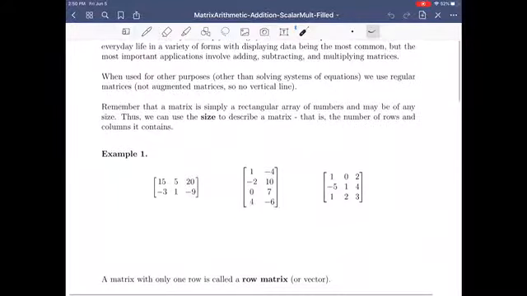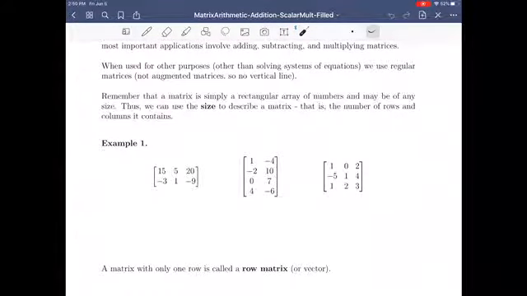When we want to describe a matrix to somebody, we usually want to talk about how many rows and how many columns it has, so that people can get an image of what the matrix looks like. This is what we call the size of a matrix. It's the number of rows by the number of columns.